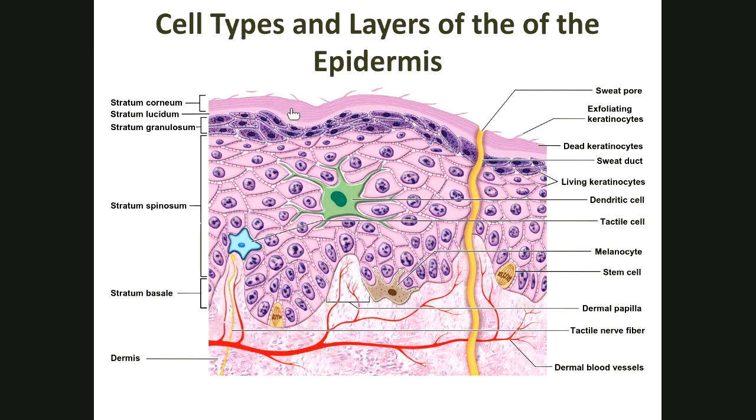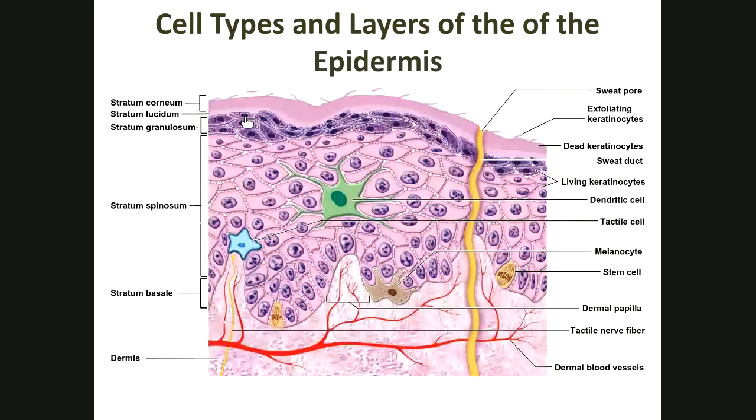Before releasing the keratin, the nucleus and all cell organelles disintegrate and start to die, and the cells which are dead come to the surface of the skin, and they make a stratum corneum, which I will talk about later. So the last layer in which we have live cells in our epidermis is a stratum granulosum.